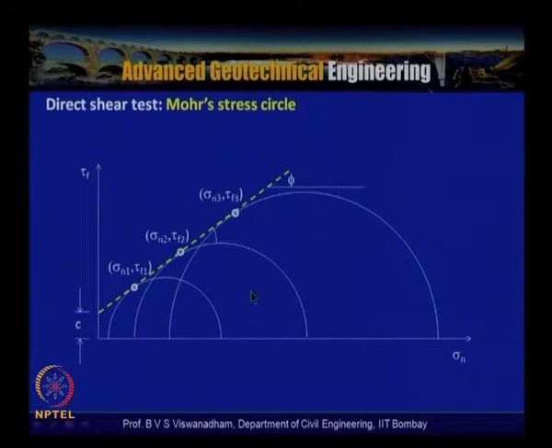So we can determine the angles of inclination of major and minor principal planes and their magnitudes when we know the stress state points at failure for sigma n1 and tau f1, sigma n2 and tau f2, and sigma n3 and tau f3.